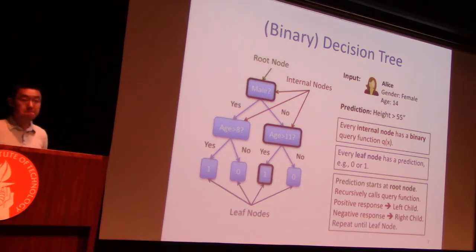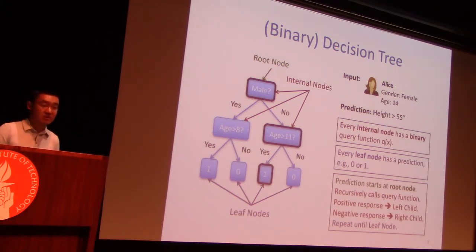Can you explain why it's a recursive call? Because isn't the query function different at each node? Right, so it's recursive in the same sense that traversing a graph or traversing a tree can be defined recursively. If you've taken data structures, you know that you recurse over a linked list, and you have a pointer to the node in the linked list that you are at, but it's the same function. So it's the same notion.